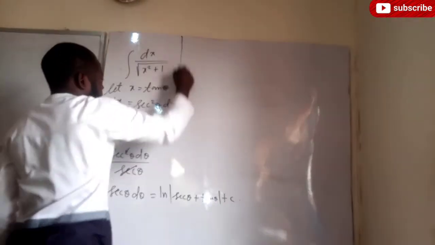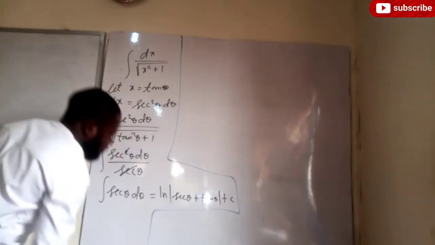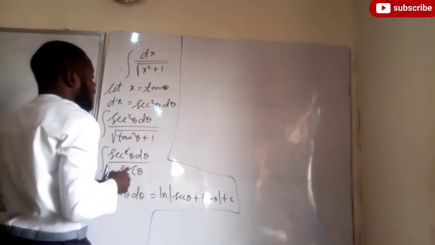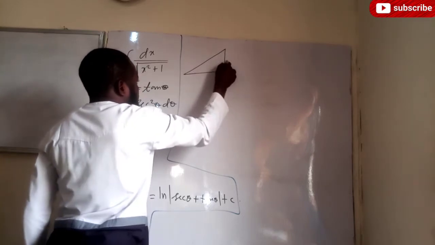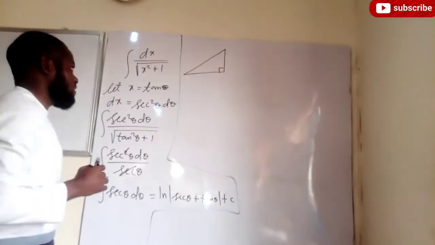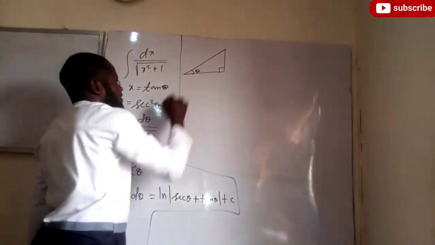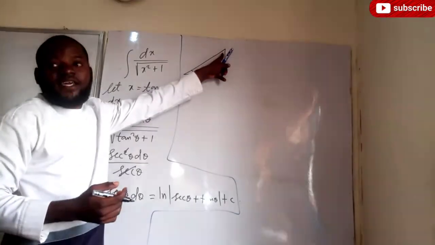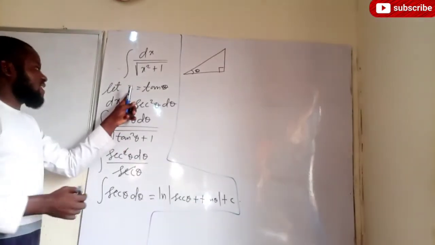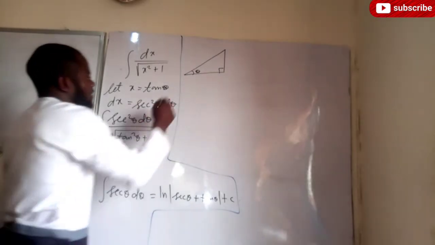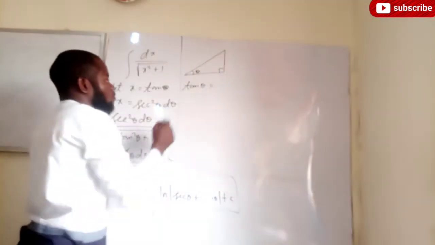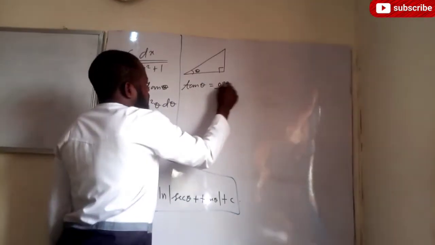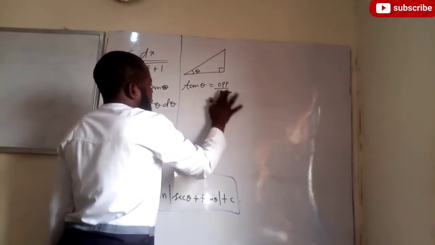We can deal with that like this. Let this be my right angle triangle, and let here be my theta. You can decide to put your theta elsewhere, there's no problem. Remember that x equals tan theta, and the tangent of theta is opposite over adjacent.